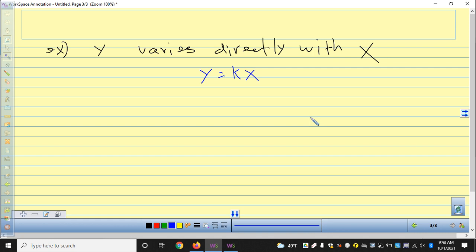Y varies directly with x means y equals some number times x. The problem says y equals 40 when x equals 8. We want to write a direct variation equation.